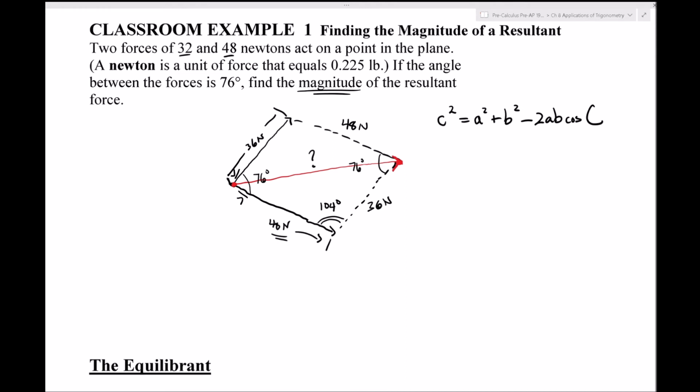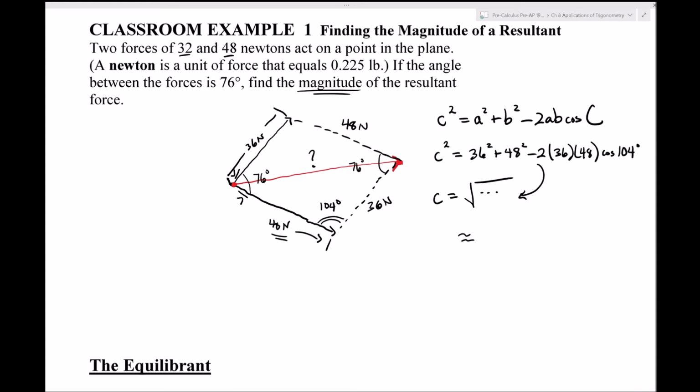The only thing I'm missing here is c, technically. a is 36, b is 48, big C is 104 degrees. So c squared, which I don't know, is equal to 36 squared plus 48 squared minus 2 times 36 times 48 times cosine of 104 degrees. At this point, all I need to do is find the value of c, and we can go to the calculator. So c is equal to the square root of all that stuff, which is approximately, and they didn't tell me what to round to, I'll round to the nearest newton because they have it in whole newtons.